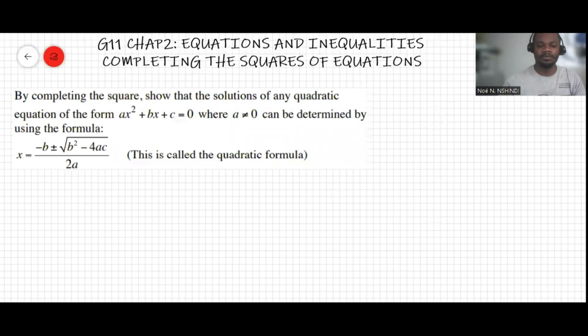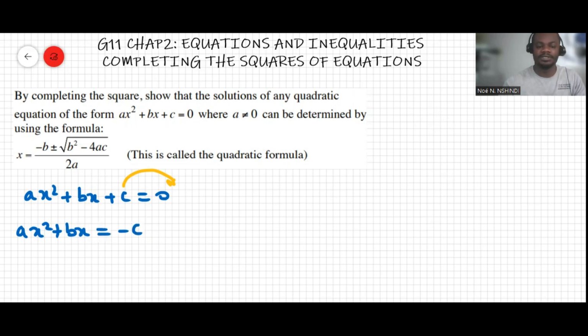Now I want to write here the equation is ax squared plus bx plus c equals 0. Now I am going to move the c over. So this will be ax squared plus bx equal to -c. I want to get rid of the coefficient of x squared, a.